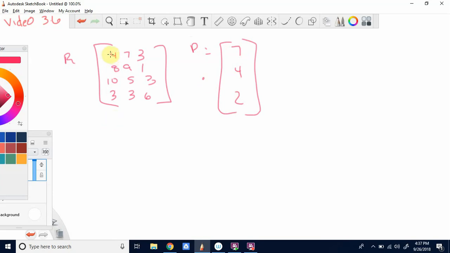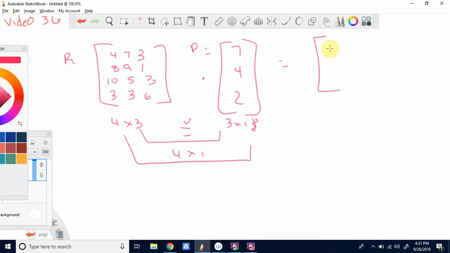Now we need to multiply. So we have a 4 by 3 and a 3 by 1. Okay. Are these equal? Yes. So what's our result going to be? It's going to be a 4 by 1. So our result is going to be a 4 by 1, right? So 1, 2, 3, 4. Let's call it scores, S. All right?